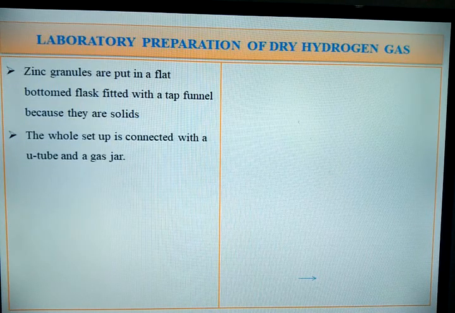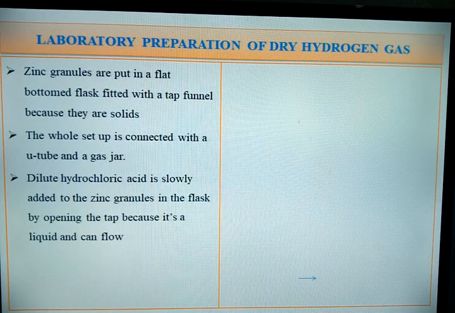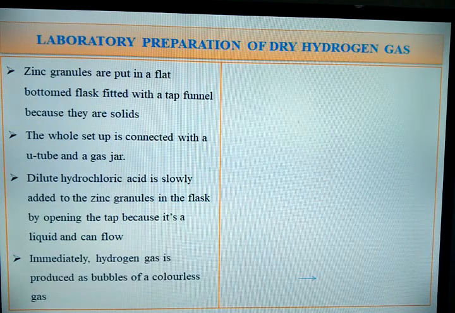So we are going to connect the entire setup fully on a U-tube, which is going to contain our drying agent, and then we are to add dilute hydrochloric acid slowly to the zinc granules in the flask, and the dilute hydrochloric acid is going to be added by the tap funnel because it is a liquid, and therefore dilute hydrochloric acid can flow.